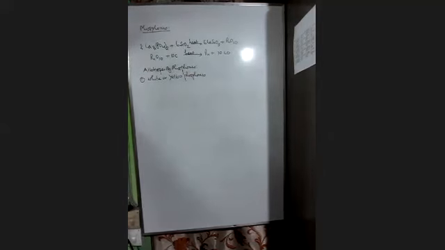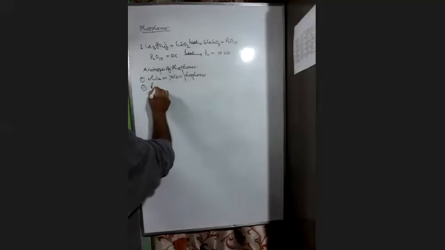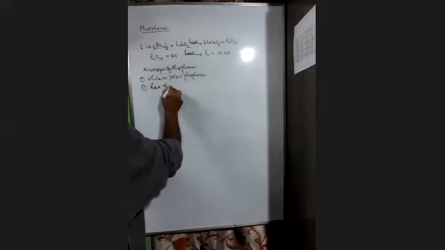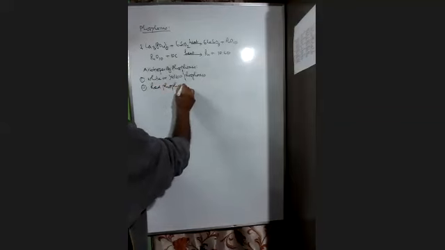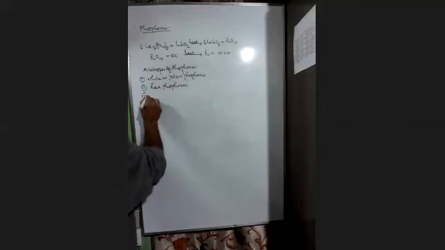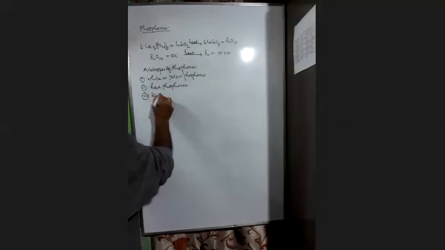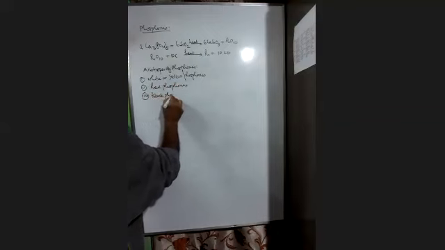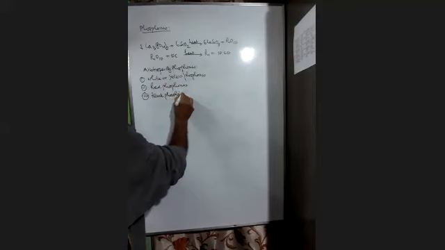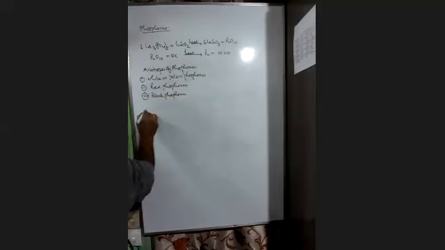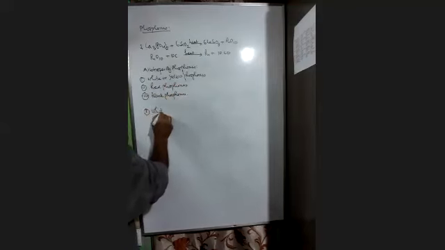So in your book it is given as white phosphorus. We also call it white phosphorus, but in some books it is given as yellow phosphorus, so you should not get confused. Second one is called red phosphorus. Then you have here black phosphorus.